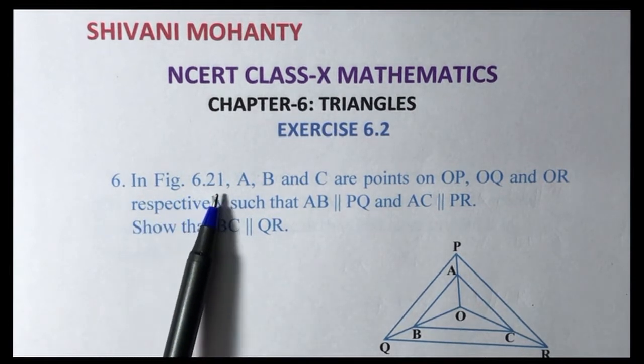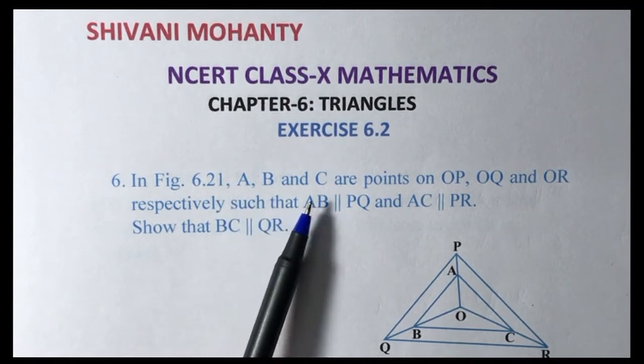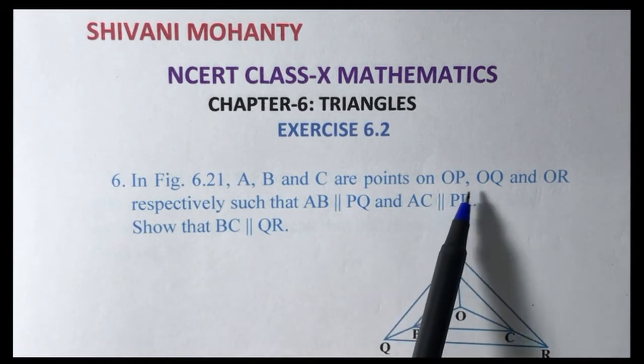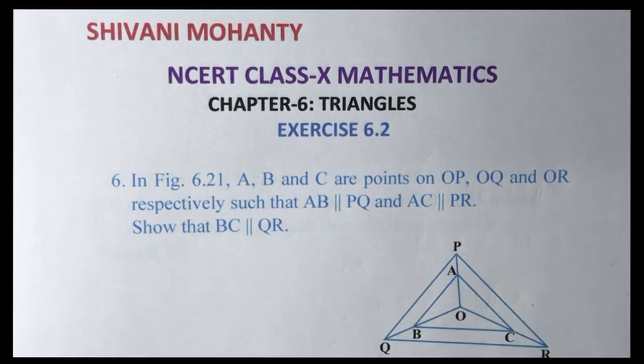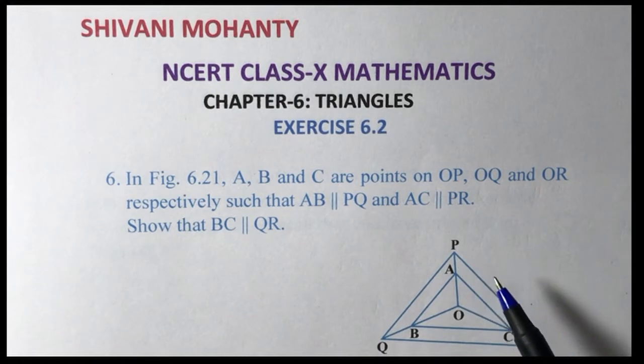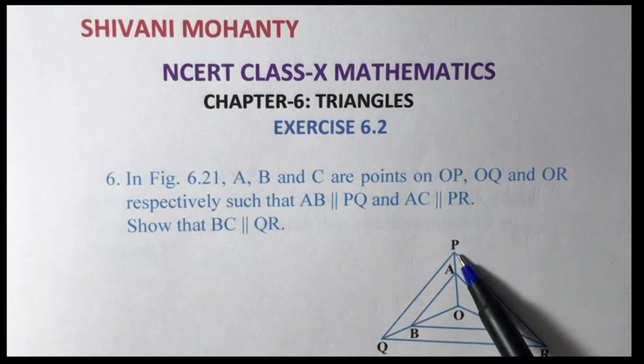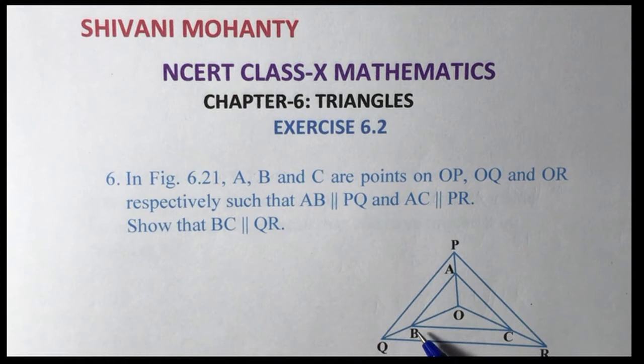In figure 6.21, A, B and C are points on OP, OQ and OR respectively, such that AB is parallel to PQ, AC is parallel to PR, and you have to show that BC is parallel to QR.